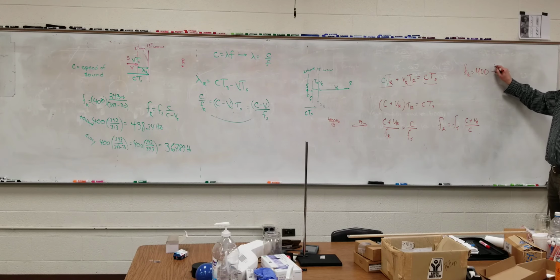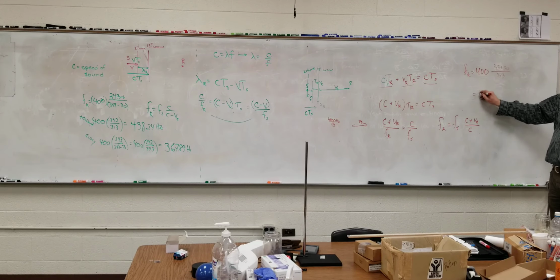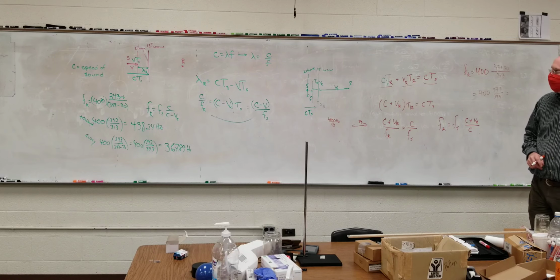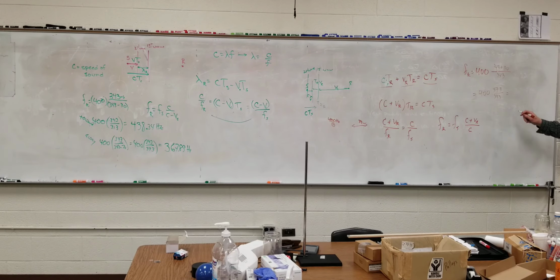So this will be 343 plus 30 over 343, which is 400 times 373 over 343. So that's 434.99 hertz.